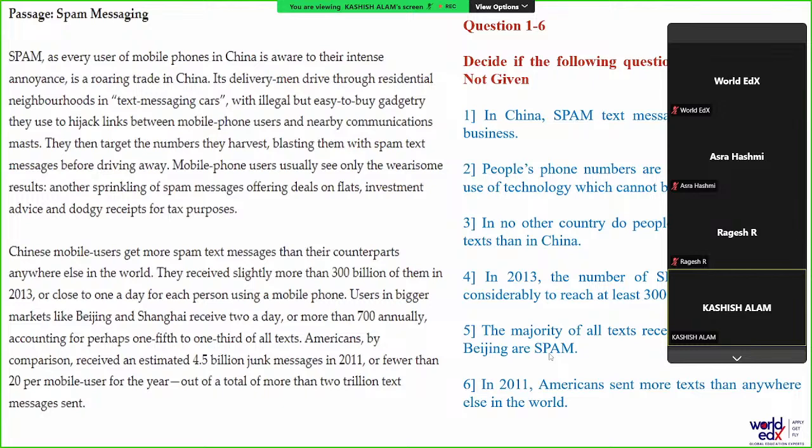I will look for the keywords in the passage so that I can locate where it is lying in the passage statement. As the answers are going to be in sequence, starting with the very first line, I figured out the word spam, I figured out the word China, the two most important keywords we have here. Is aware to their intense annoyance is a roaring trade in China.